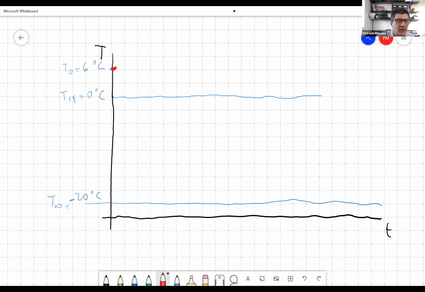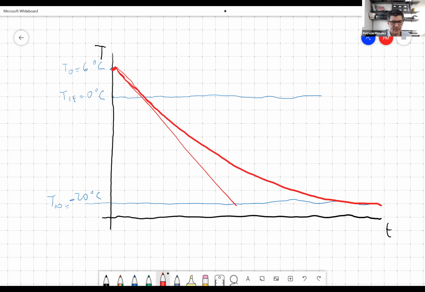Okay, so we start at this temperature. Time 0, the droplet comes out of the fan, starts to cool down. Now, the droplet would believe it is cooling down like this.